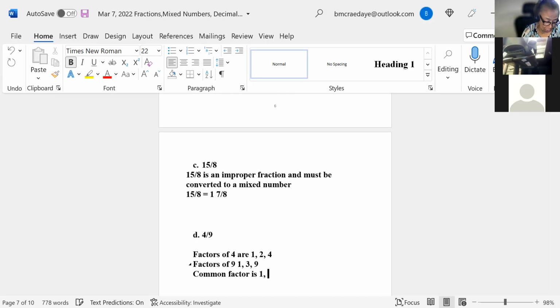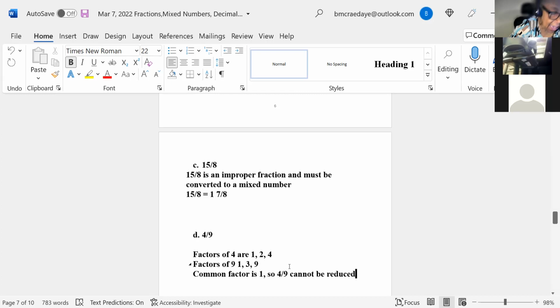Okay, so it cannot be reduced. It's already simplified. So whenever you get a common factor of 1, then whatever fraction you have, it cannot be reduced.